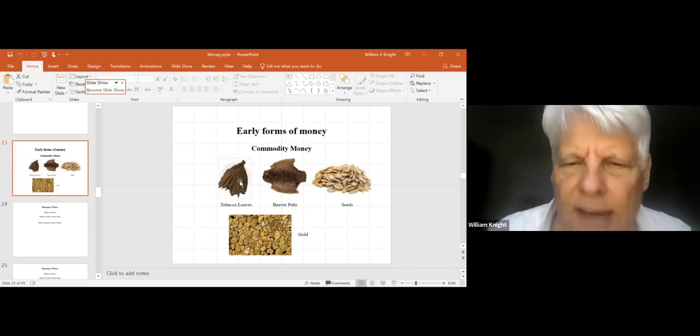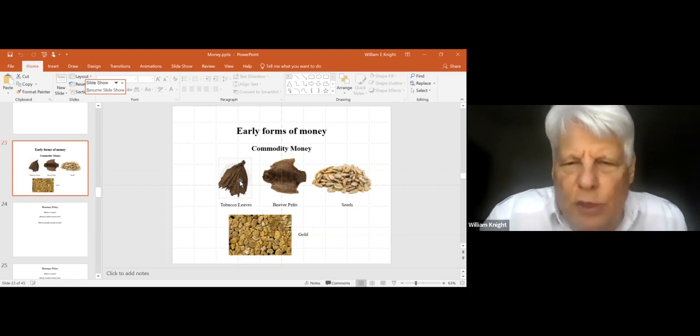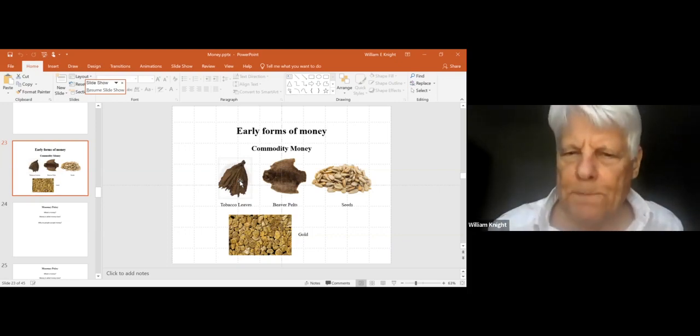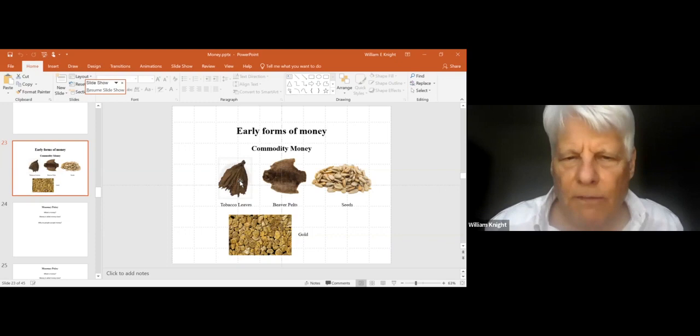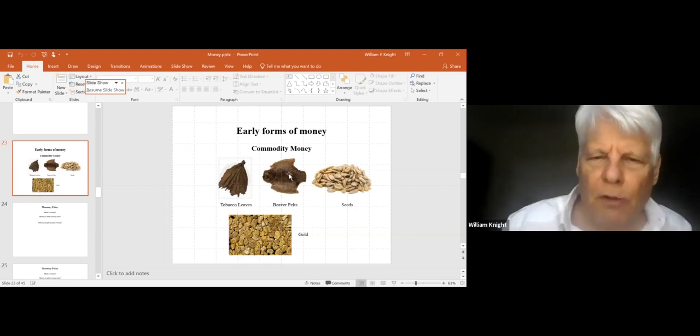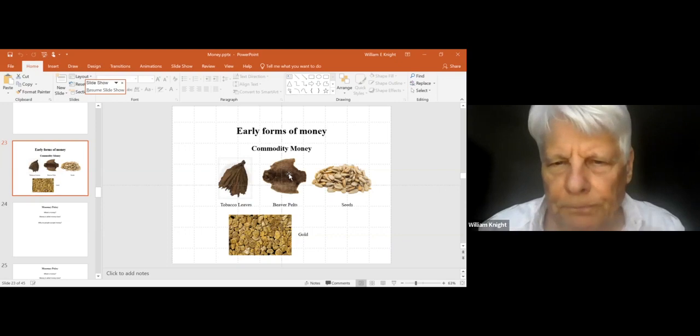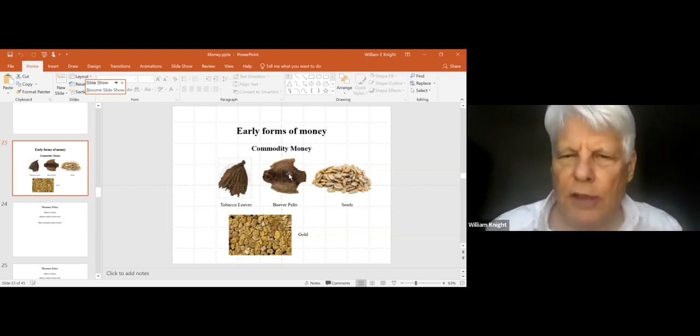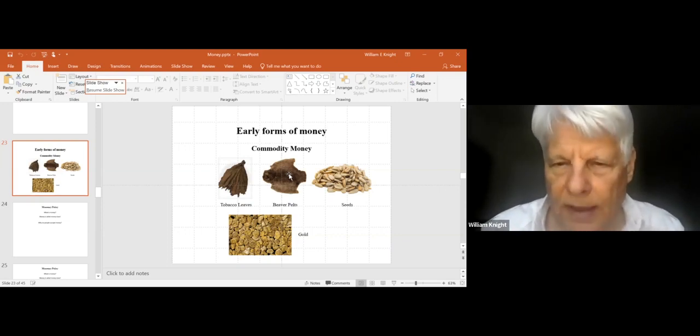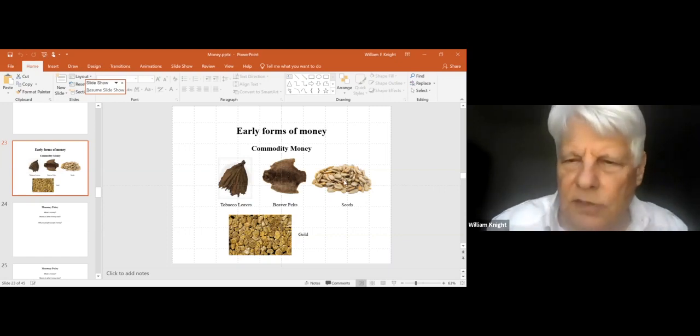Tobacco leaves had intrinsic value. That means it had value in and of itself, not just as money. Beaver pelts were also used as money. Beaver pelts had intrinsic value. You could cut them up and make a coat out of them or a blanket or something like that. Seeds, obviously, and gold.